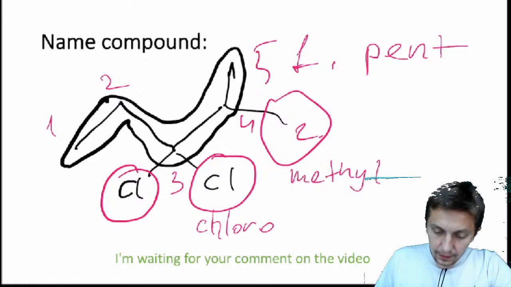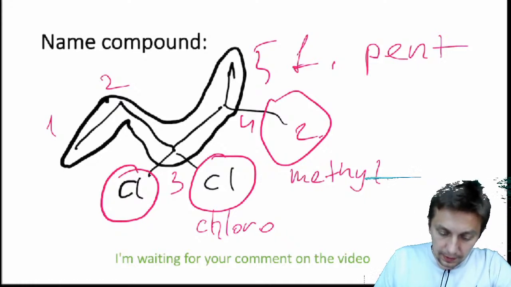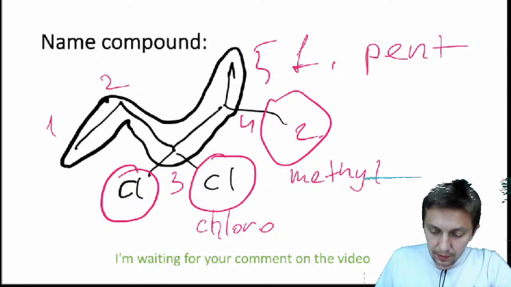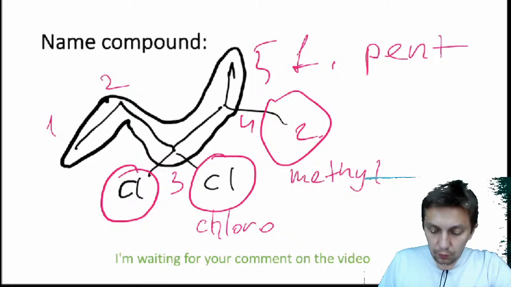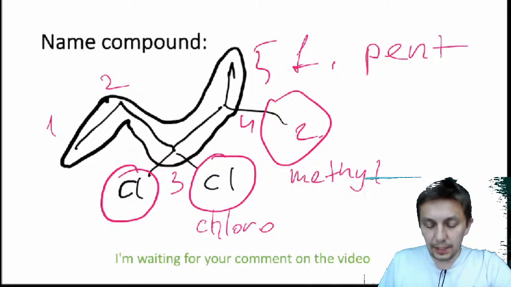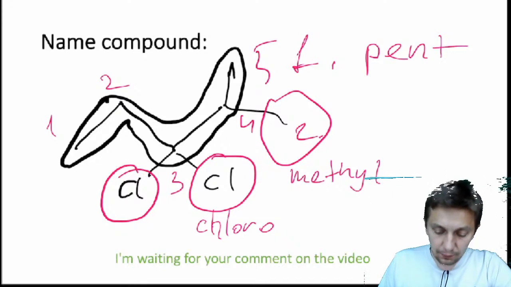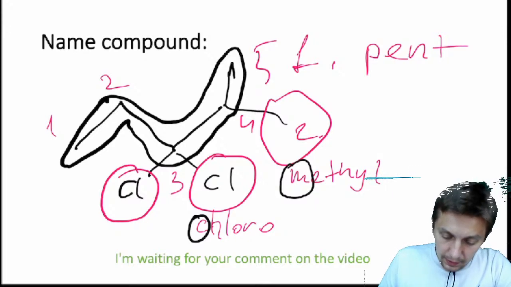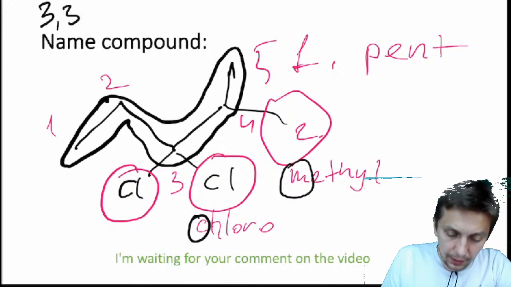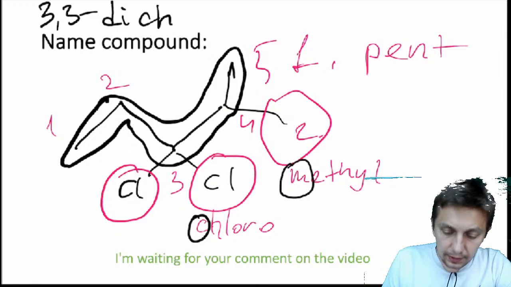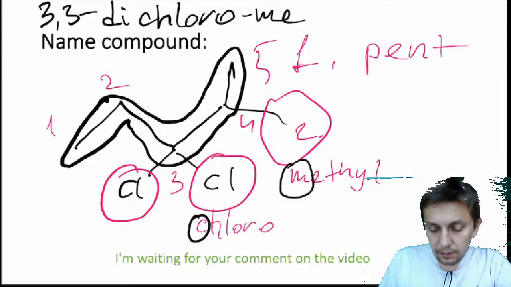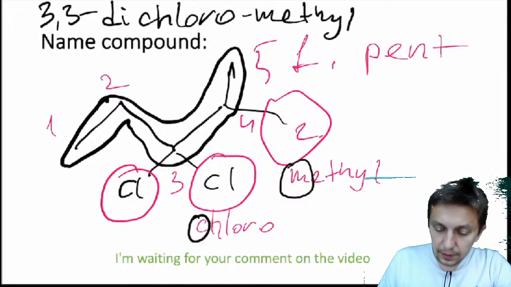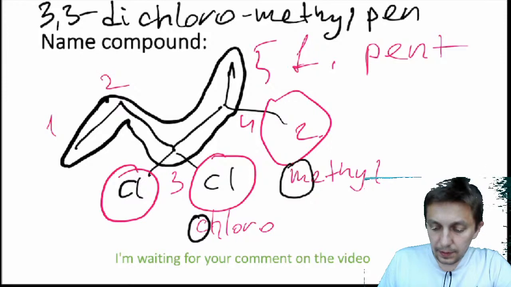So we name the compound chloromethylpentane, but we have 2 chloro, so dichloromethylpentane, and we must order alphabetically at first. It's C, and second it's M. So we name the compound 3,3-dichloromethylpentane.